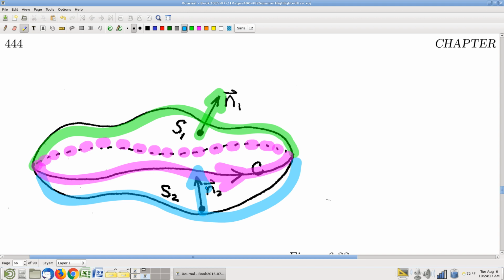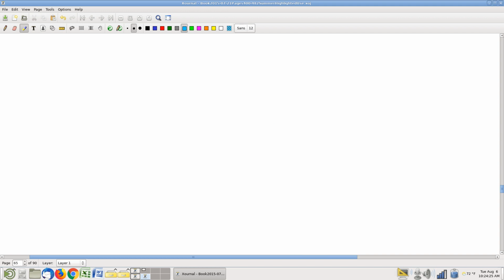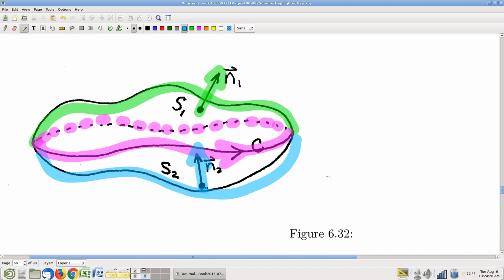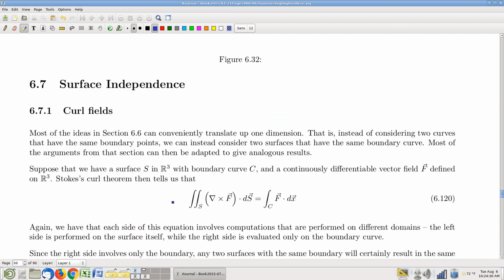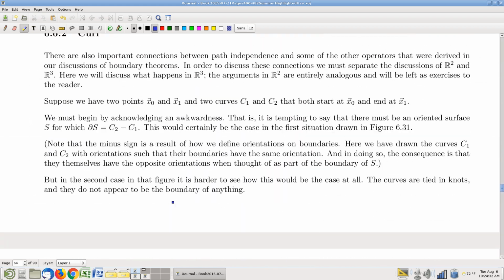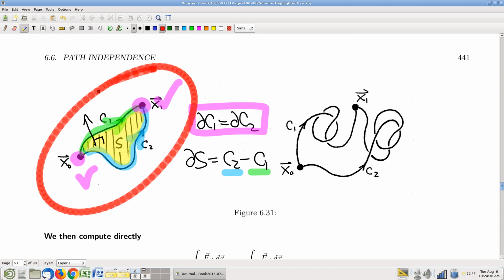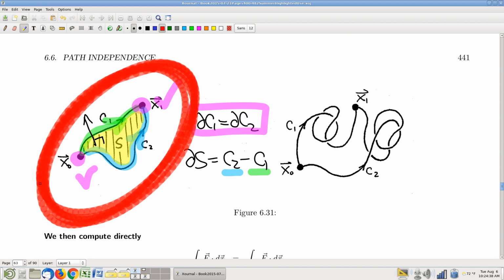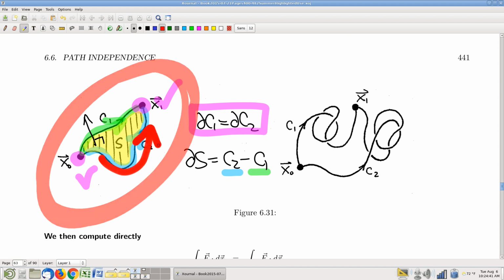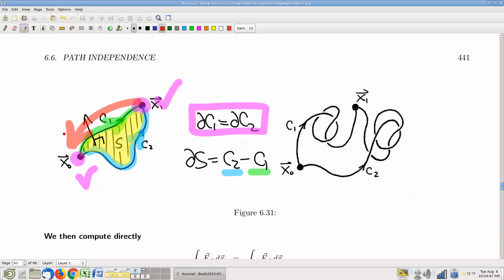It feels like, well, wait a second, isn't the green one outward and the blue one inward? Isn't that kind of backwards? There's temptation to say that's backwards, but I remind you, let's look back at this curve picture. There's a temptation to say that these two curves, one of them is oriented the wrong way. Isn't this one clockwise? Isn't that sort of the right way to go? And isn't this one counterclockwise? And isn't that the wrong way to go?